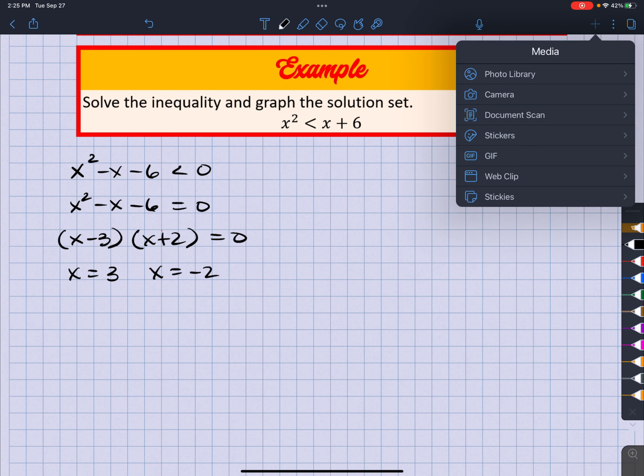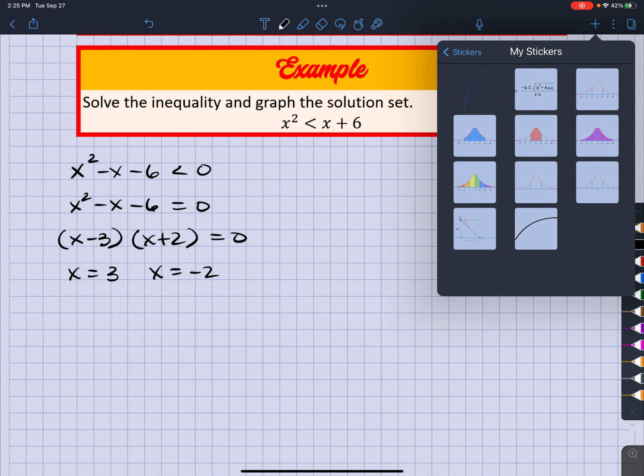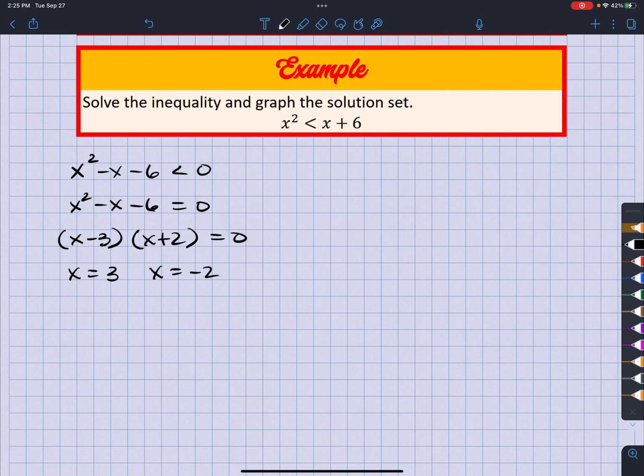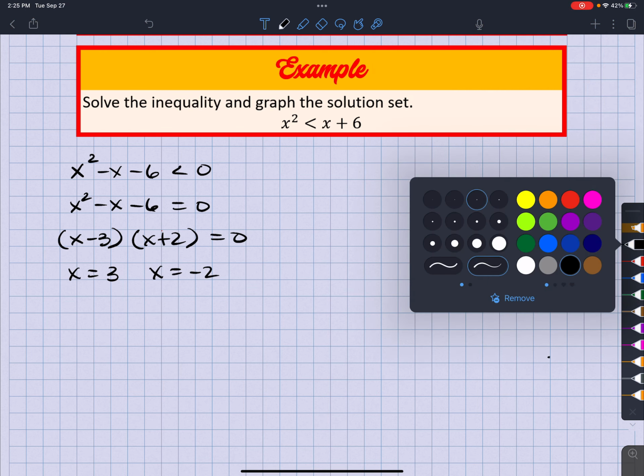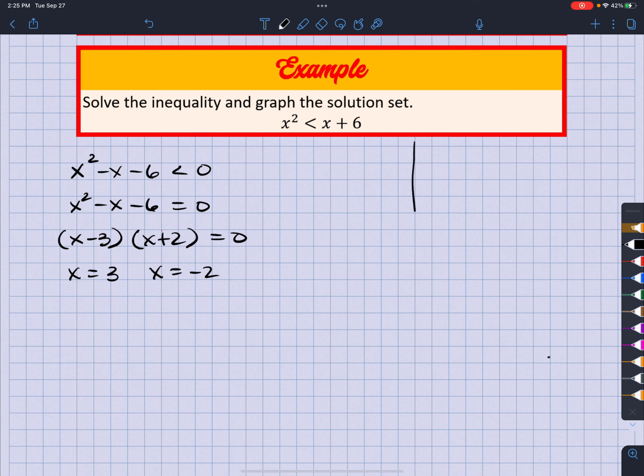If I was to throw down a graph, oh shoot, that's not what I wanted. I guess I'm going to have to draw my own graph now. So at -2 and at 3, I know that.